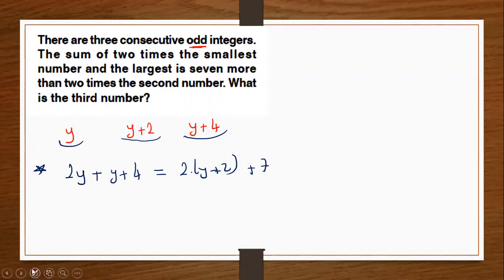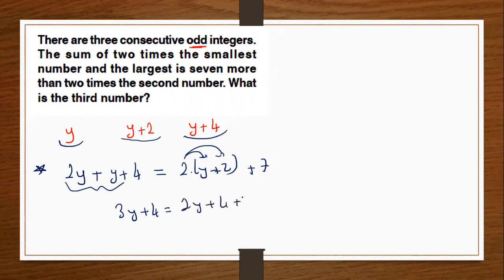So what I do, I open these brackets first, and then I do this operation: 2y plus y, 3y plus 4 equals, this will be 2y plus 4 plus 7. So from here, this will be 11.